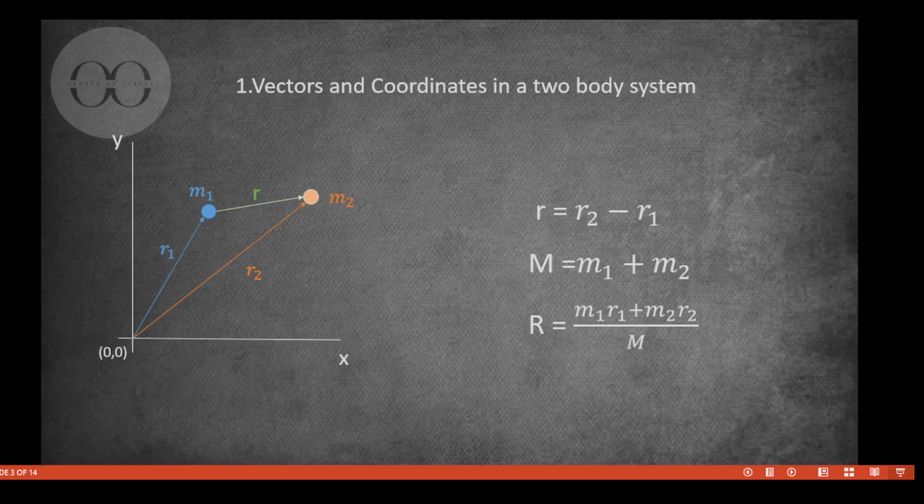The object with mass m1 is located at a distance of r1 from our coordinate system, which is a Cartesian coordinate system, and mass m2 is located at a distance of r2 from the origin of the coordinate system. So here r1 is the position vector of the m1 particle and r2 is the position vector of the m2 particle.